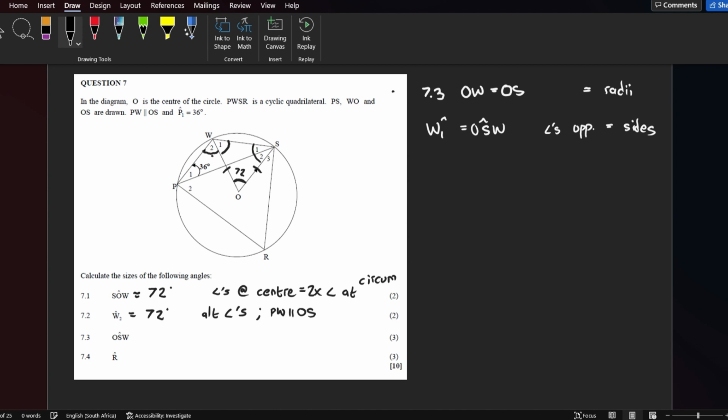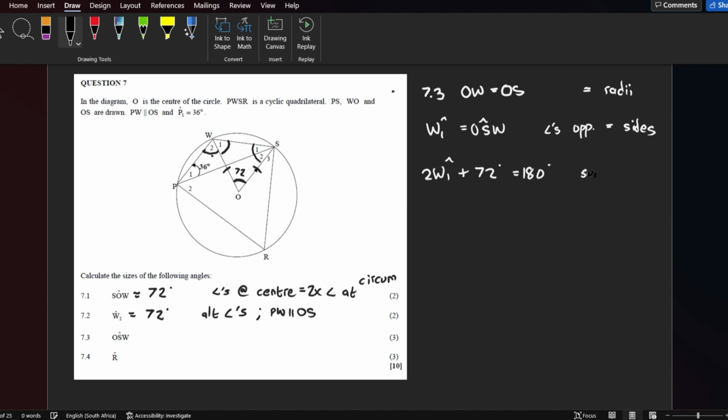Okay, now that we know that those two are equal, we can go ahead and use our sum of angles in the triangle formula to solve for the unknown angles. Why? Because now we know that those two angles are equal, therefore twice W1, which is basically W1 plus OSW, plus the last remaining angle, which is 72 degrees, is equal to 180 degrees.